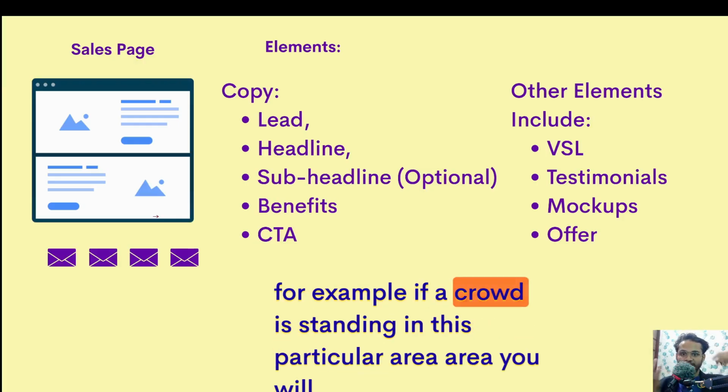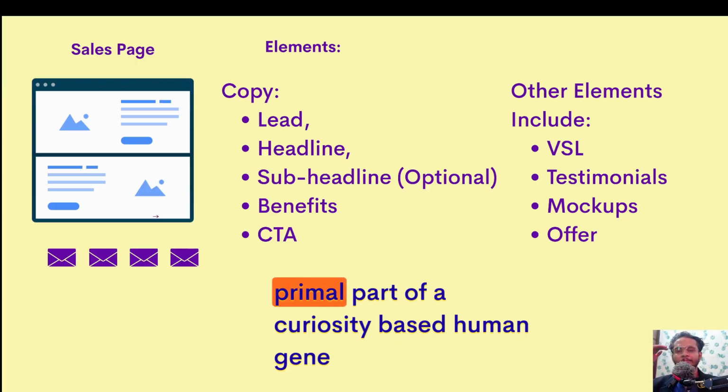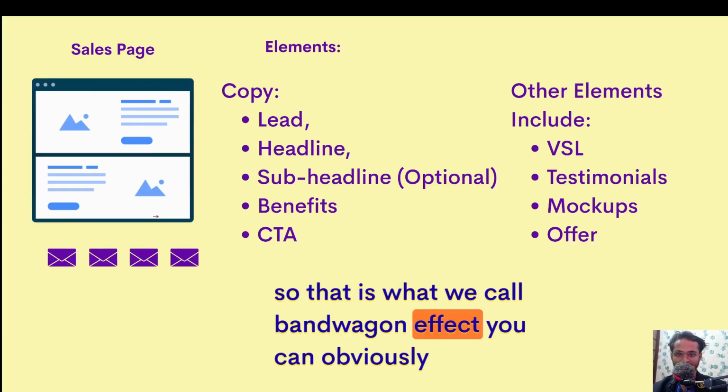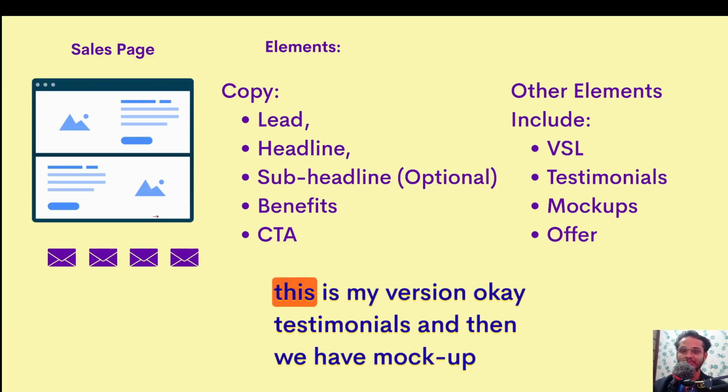For example, if a crowd is standing in an area, you will think, oh, there's a lot of crowd, what's going on, let me check it. That's the primal, curiosity-based part of the human gene. That is what we call the bandwagon effect. You can get a better definition on Google or ChatGPT, but this is my version.